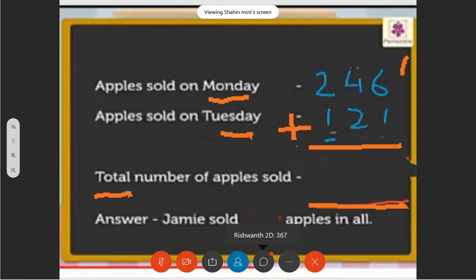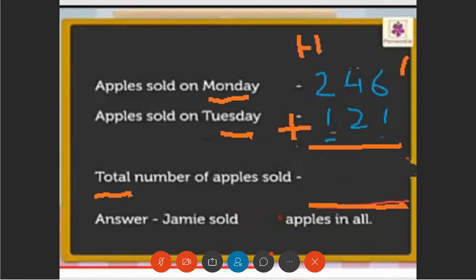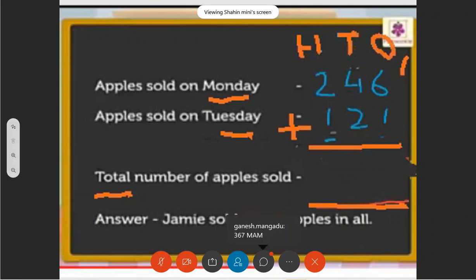Got it? Yes. So now after writing this, you have to write the numbers in appropriate places, 246 and then 121. And you can write down hundreds, tens and ones. Now start doing the addition.